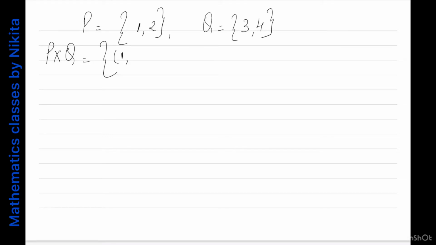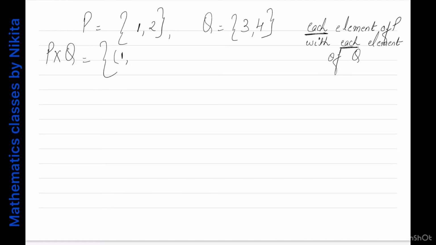So you have to associate each element of P with each element of Q. Very important to note: each element of P with each element of Q.